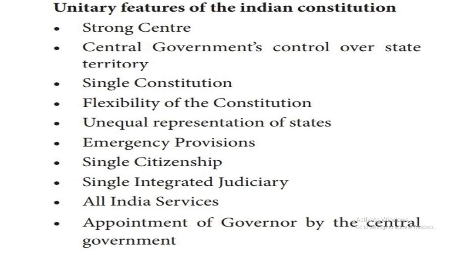There will be a single citizenship, rather than the federal government, which will have dual citizenship. So in all cases, the unitary is better than the federal government. Not only that, all India services come under these unitary features of the Indian Constitution. The appointment of the governor will be by the central government.